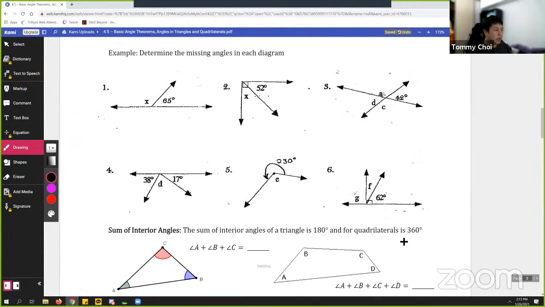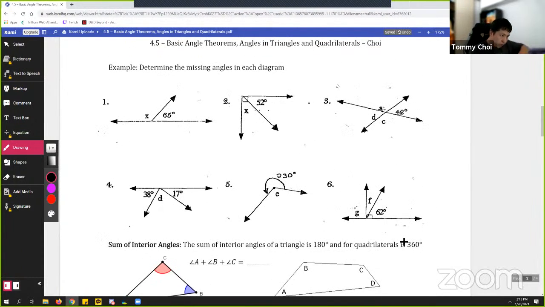Then we have some examples here. Okay, so let's go over some of these examples. I'll pick all the odd ones, so we'll do 1, 3, and 5, and then you guys can do 2, 4, and 6. So for number 1, we determine the missing angles. Oh, that's a straight line. That's supplementary.